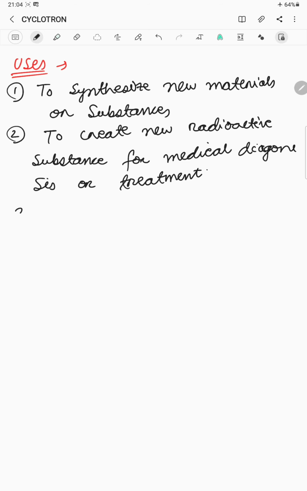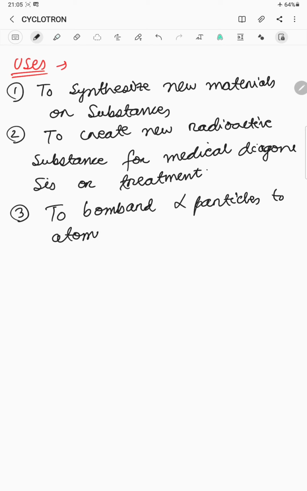We'll read about radioactive substances in the nucleus chapter. The third point is to bombard alpha particles onto atomic nuclei. These are the uses.